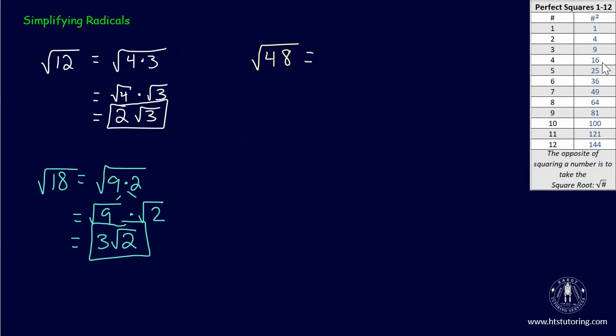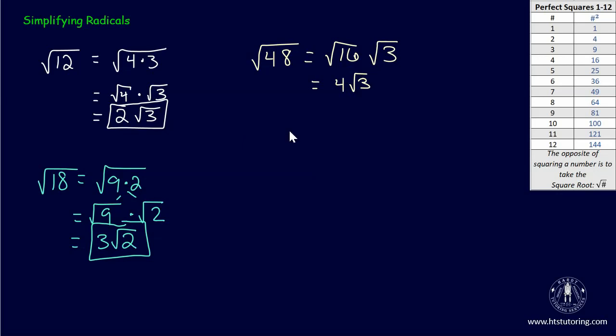Well, that would be 16. So I'm going to break this up into the square root of 16. 48 divided by 16 is 3, so it's 16 times 3. Square root of 16 is 4. Again, square root of 3 we can't do anything with. So that is the quickest way from your unsimplified radical to your simplified answer.